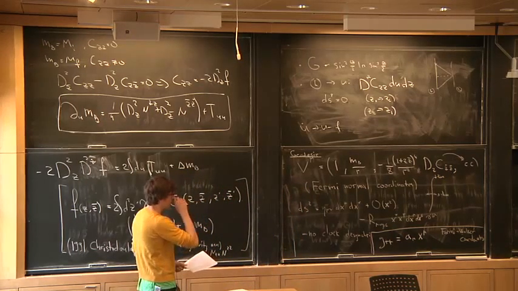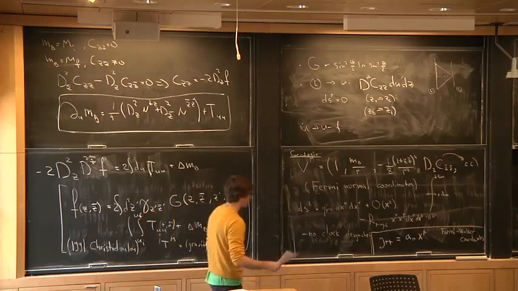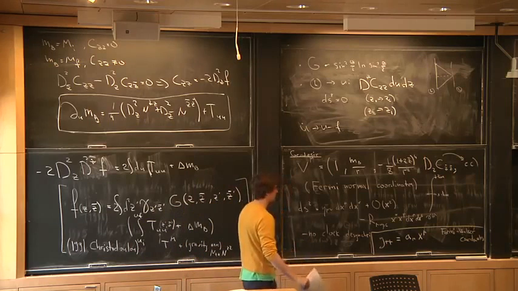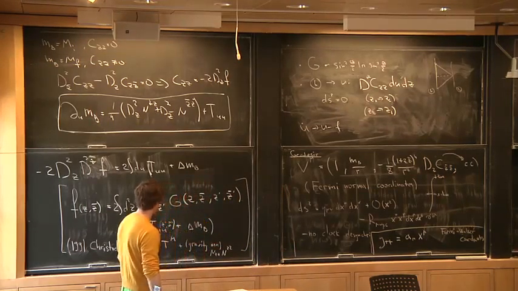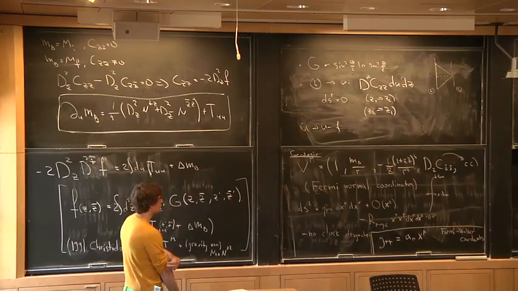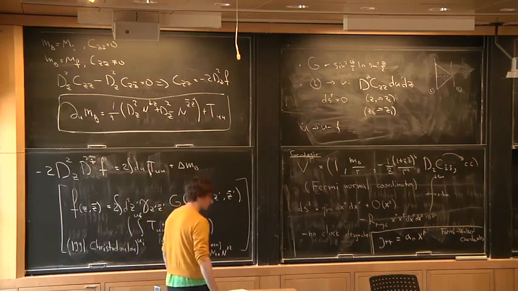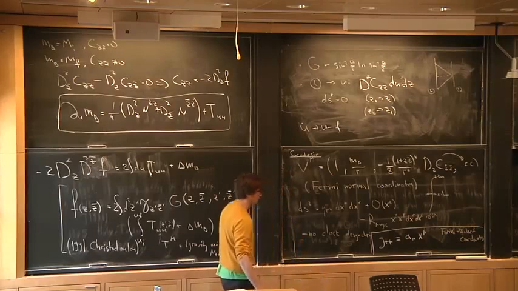Now I would like to describe something new. This memory effect was known for many years, but since we learned about the connections to soft theorems, you could have wondered: there are new soft theorems, I guess one of them you learned at the last lecture, so maybe there are new memories.